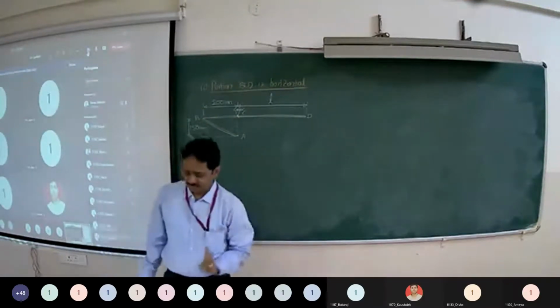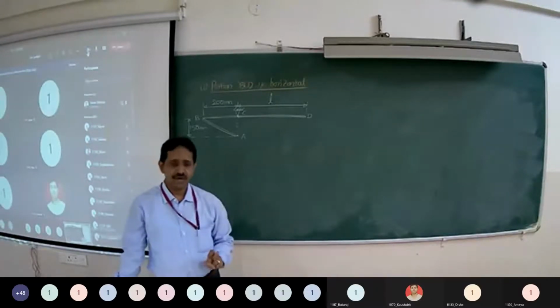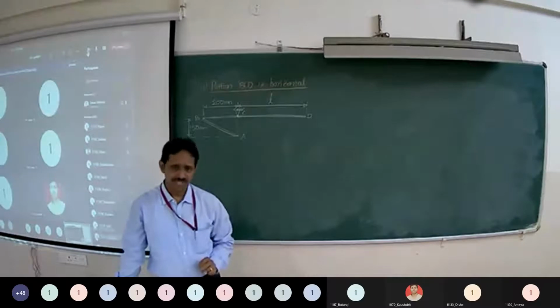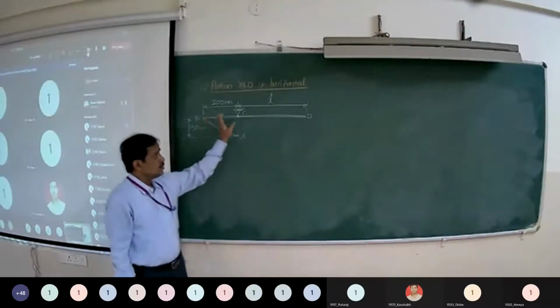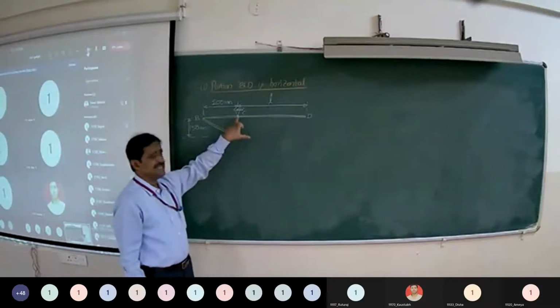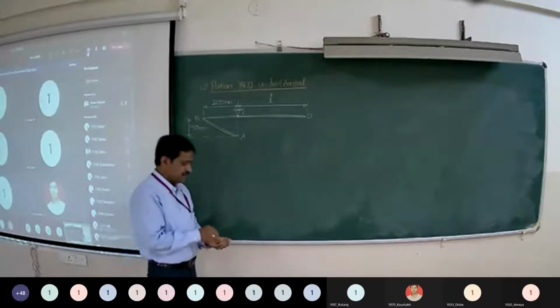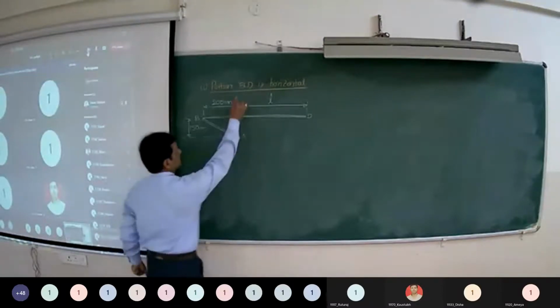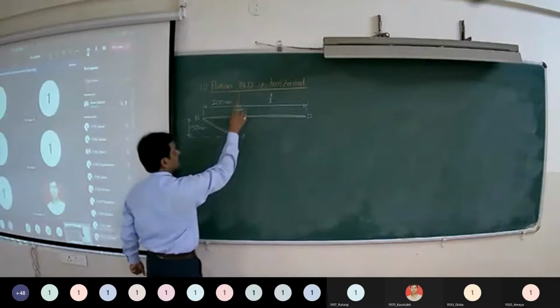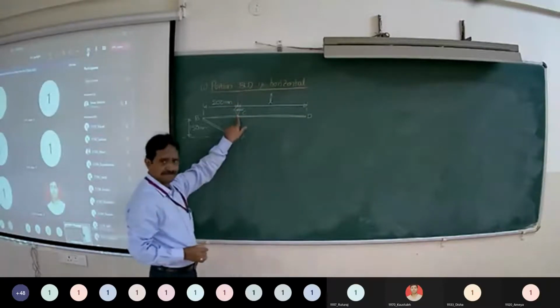There are two methods of solving this. One is the conventional or traditional method. What is that? It is given that it is suspended from point C. We know that when a body is suspended from any point, the center of gravity of that body will be located on the vertical line passing through the point of suspension.